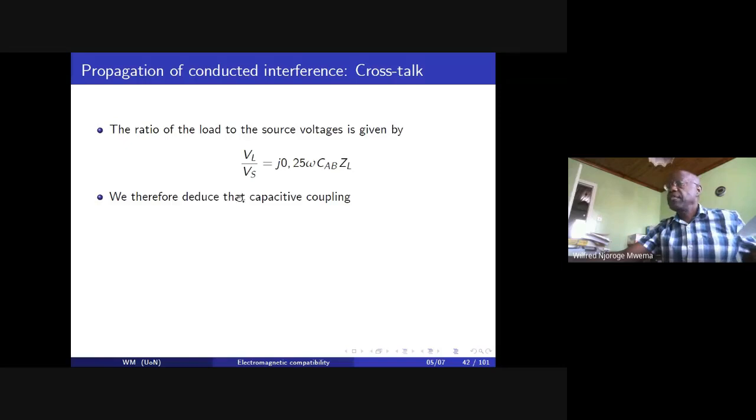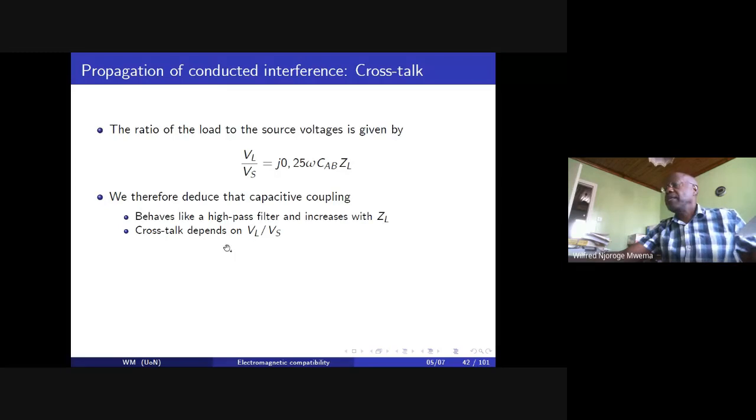So we therefore deduce that capacitive coupling will behave like a high-pass filter, and the coupling will increase with the load impedance.